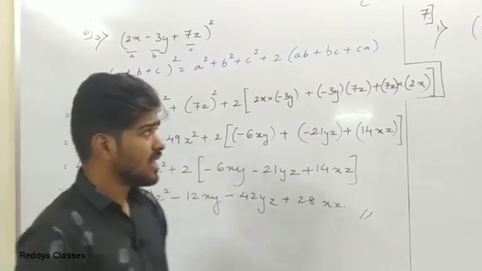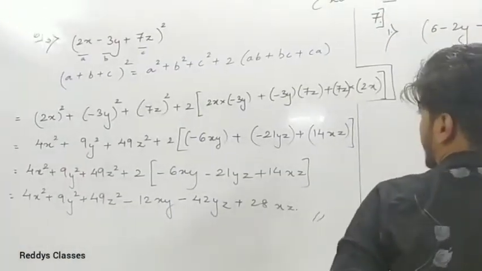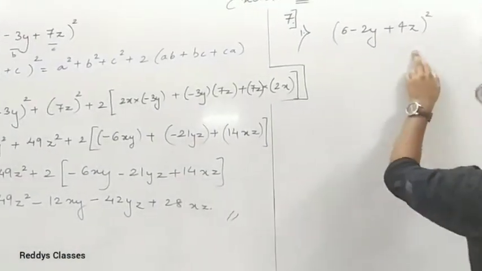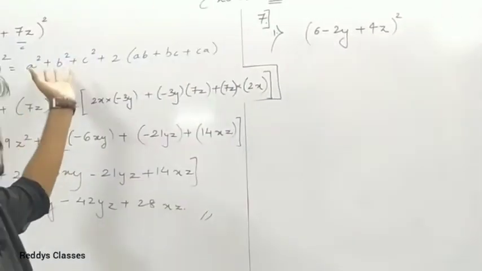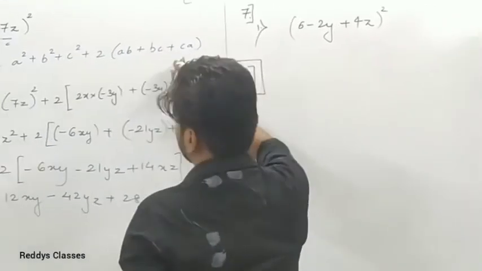Okay, let us see the next sum here. We have another question with the same formula, (a + b + c). Even if there is a minus, we have to use plus as an indication according to the formula. So we have the same formula here.